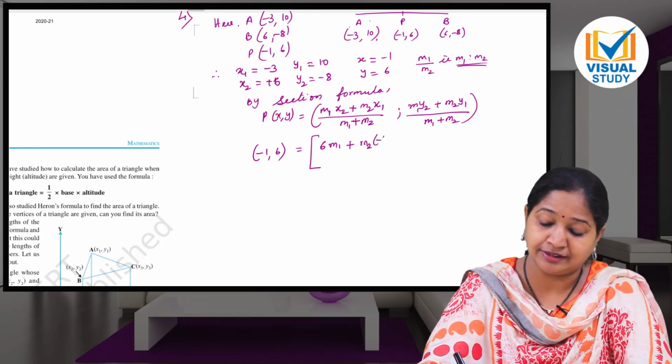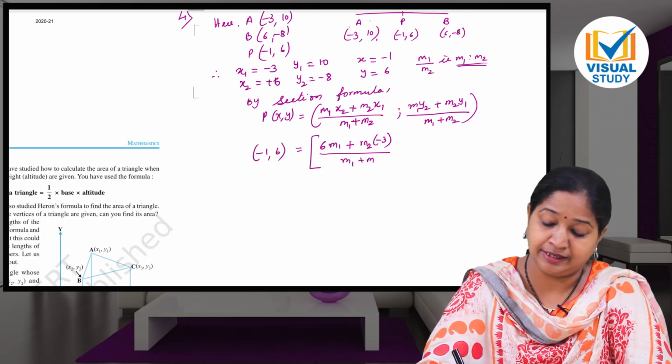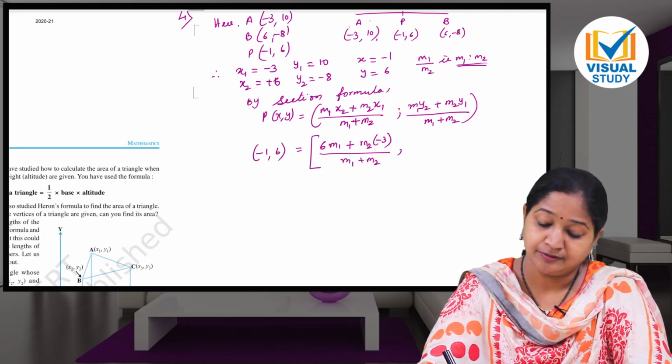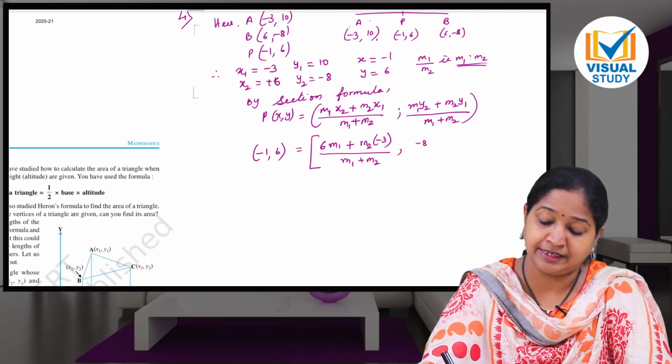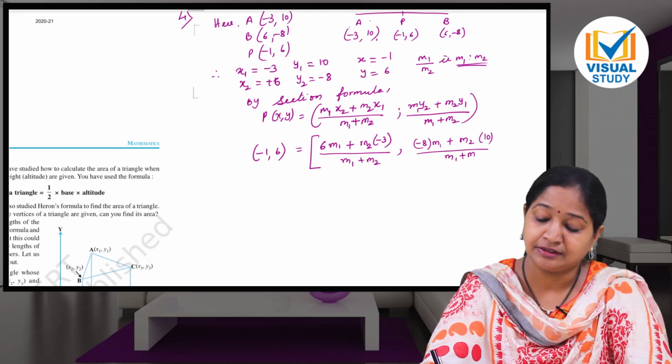x1 is minus 3 upon m1 plus m2. Same thing here, minus 8 into m1, plus m2 you don't know, y1 is 10 divided by m1 plus m2.